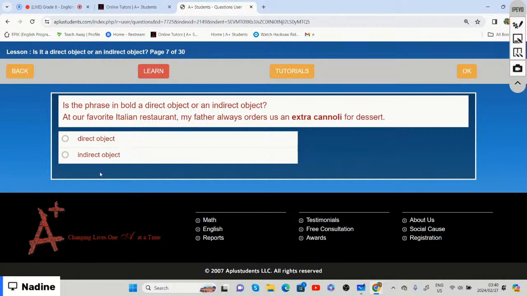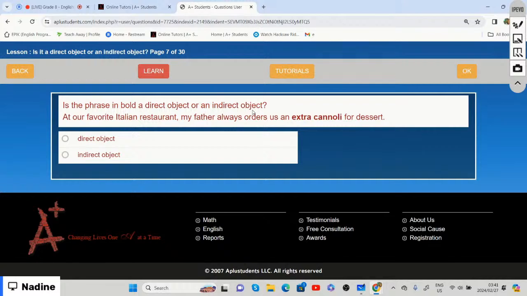And at our favorite Italian restaurant, my father always orders us an extra cannoli for dessert.